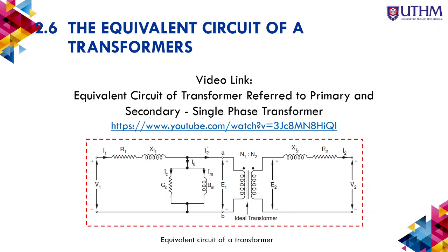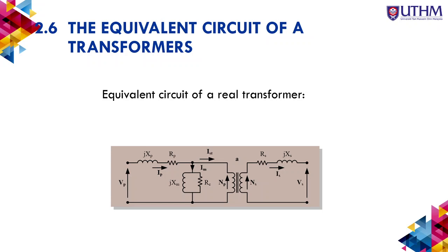This is part of the video's explanation. I will highlight them one by one here, so you can look here. This inductance, for the primary side and also the secondary side, is based on the leakage flux. This one is flux LP, and this is flux LS.